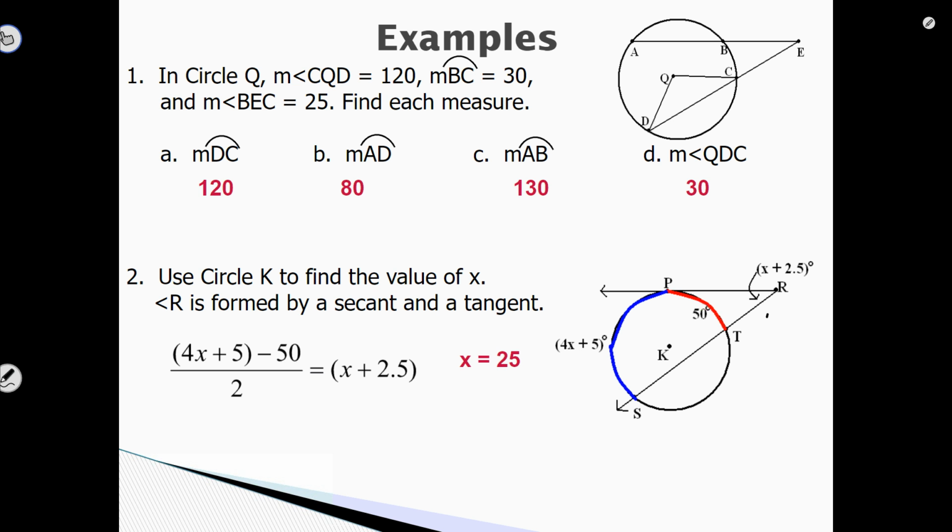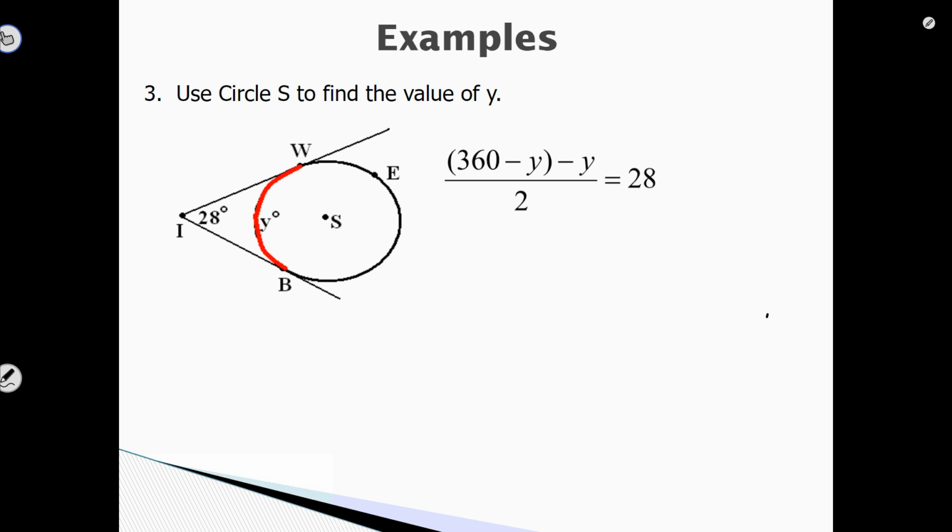And how much is already taken up? Y. So the big arc could be called 360 minus Y. So we would have big arc, which is 360 minus Y, minus the small arc, which is just Y, over 2 equals 28.